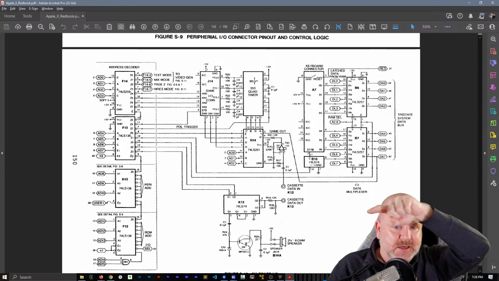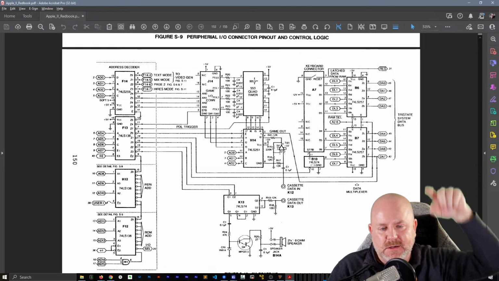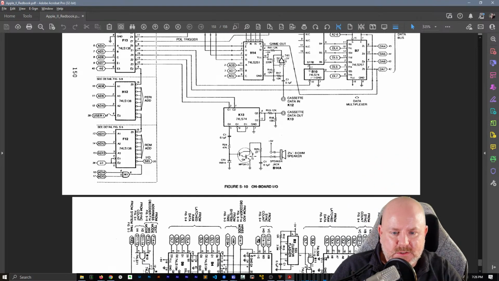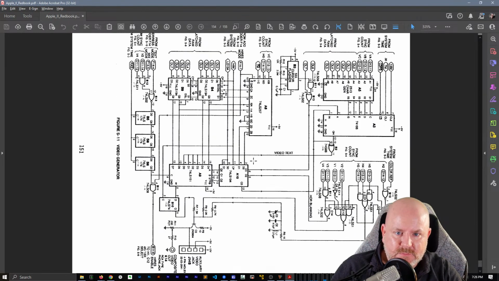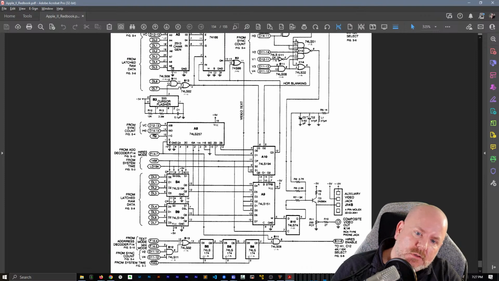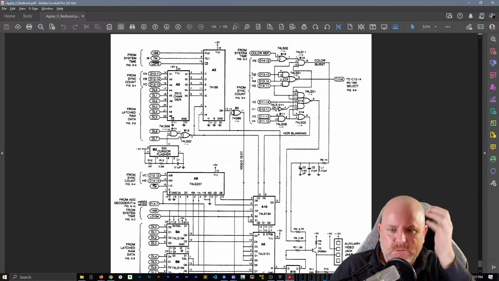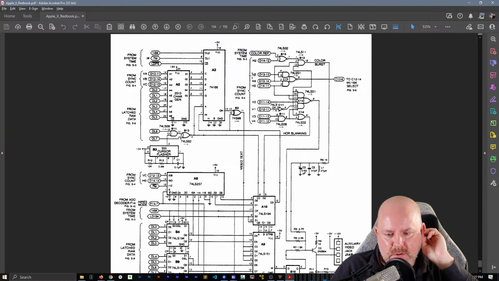Actually, I think it's column H, row 13. You could actually go and look and see where on the board this is. So if there's a B12, like here, you would expect 12, 13, and then 14 should be right here, because they're going to literally be next to each other. But I don't see it anywhere.